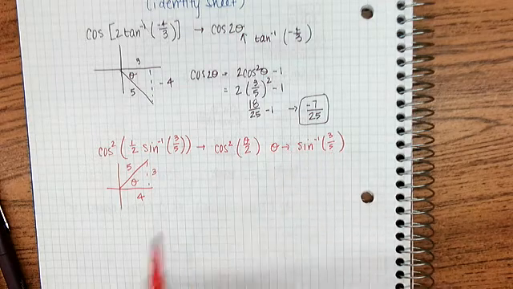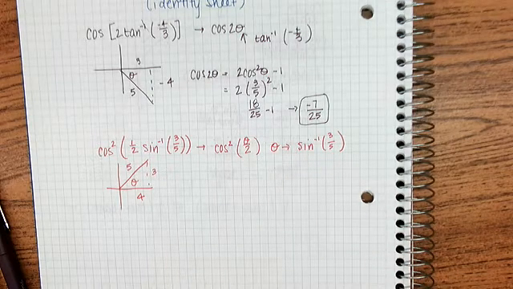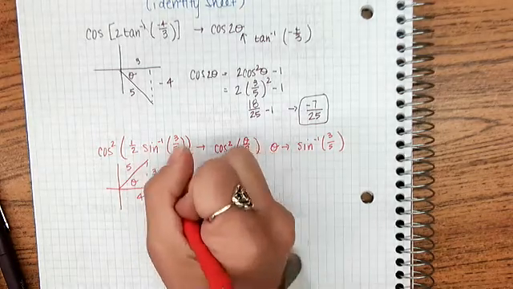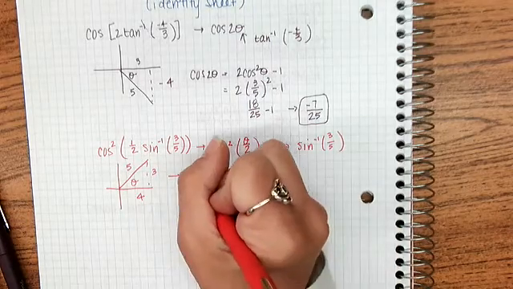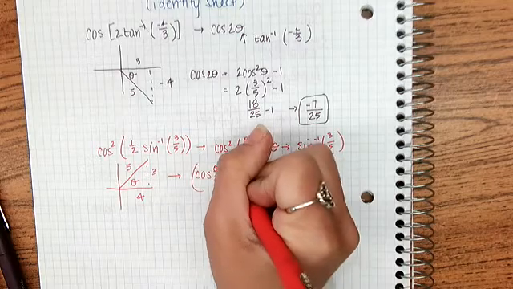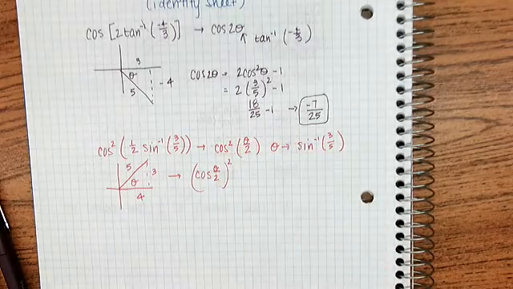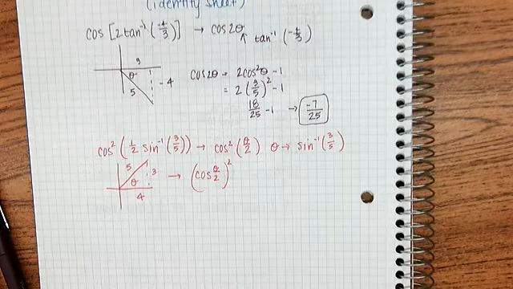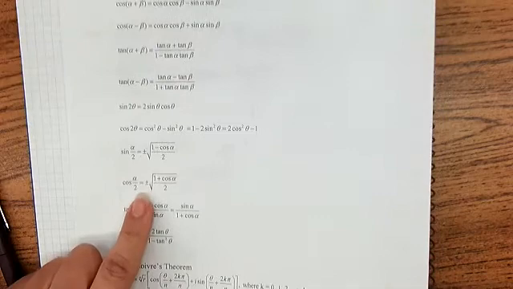Found my theta. So now I'm going to do a half angle formula off of my identity sheet. So this is the same thing as the cosine of theta over 2 squared. Okay, so you'll notice that it says on your identity sheet, plus or minus.